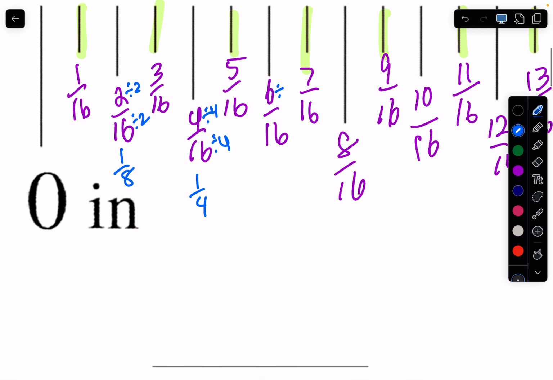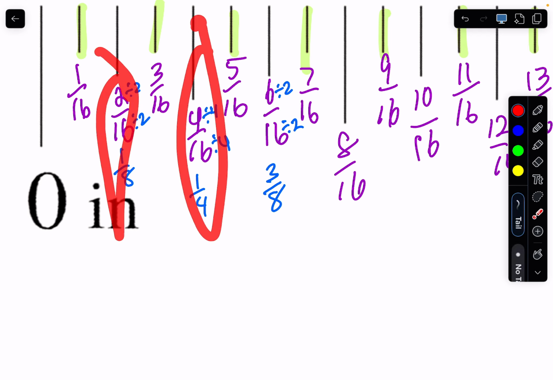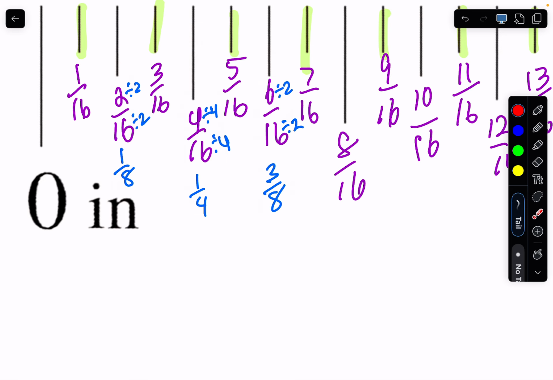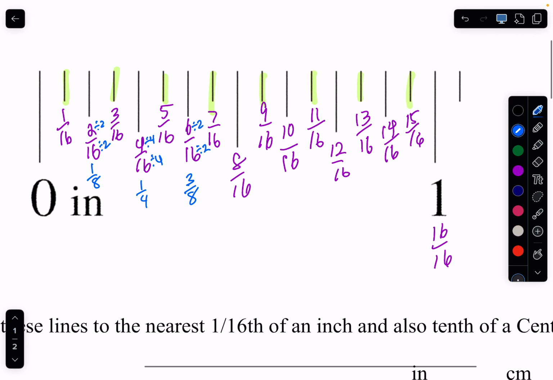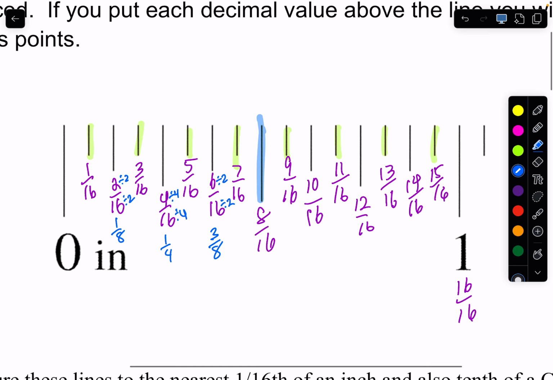6 is only divisible by 2, and 16 is 2. They only have a common factor of 2. So that's 3/8. Technically, what's happening is 1/8, 2/8, 3/8. Now, 8/16, if you just notice where it's located, you can tell very clearly that 8/16 is at the 1/2 mark.